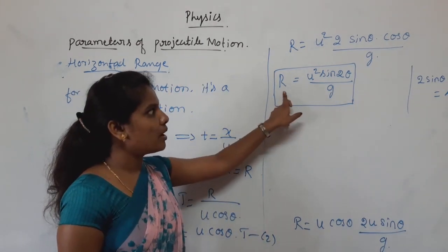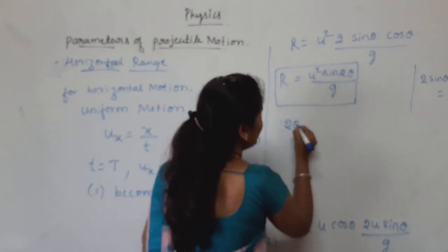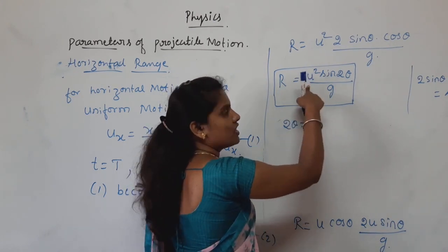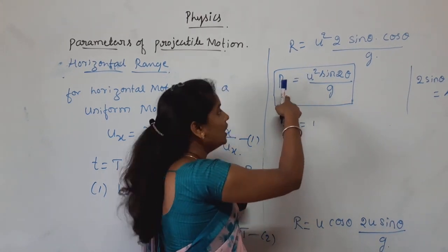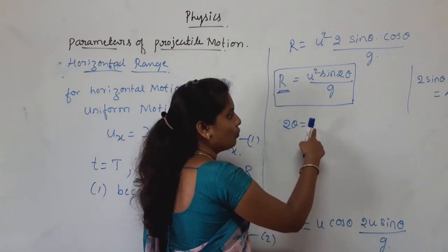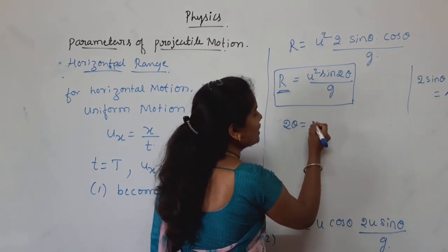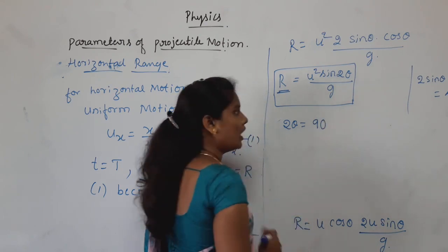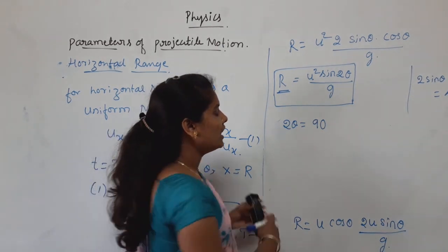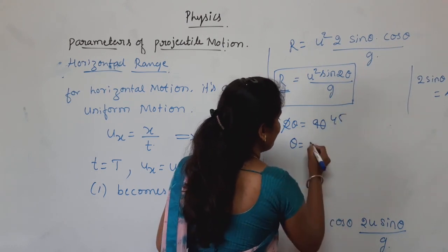So it is maximum when sin 2 theta equals 1, then only this horizontal range is maximum. Sin 2 theta is 1 means sin 90 is 1, so 2 theta equals 90 degrees. Theta equals 45 degrees.